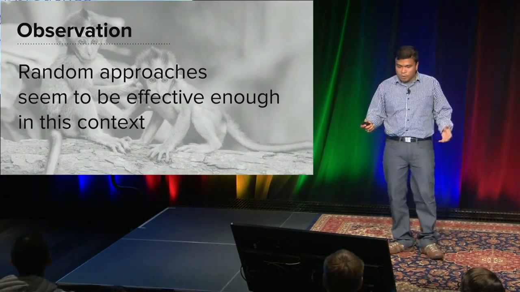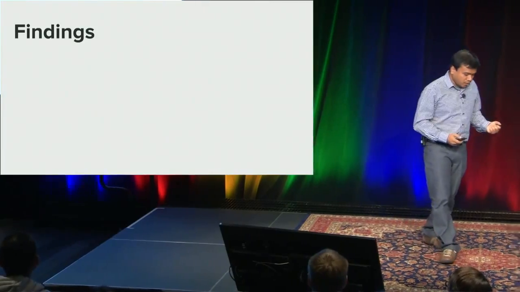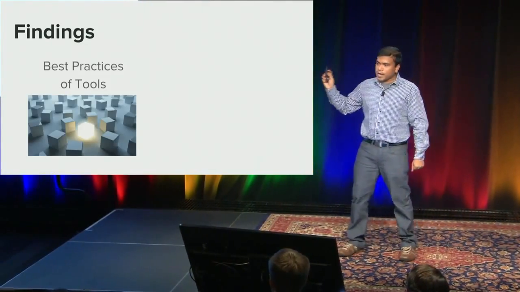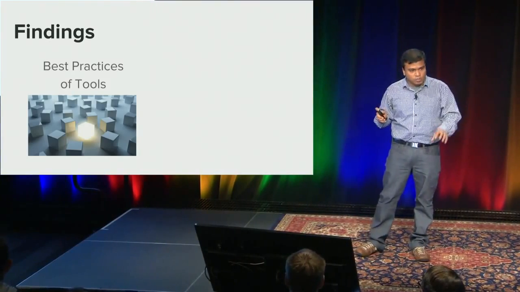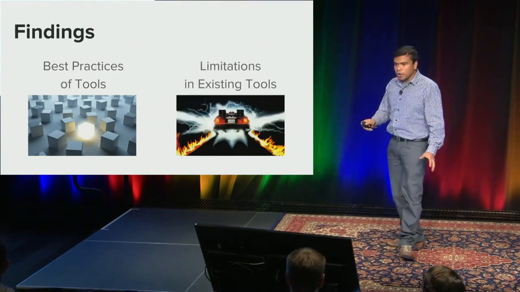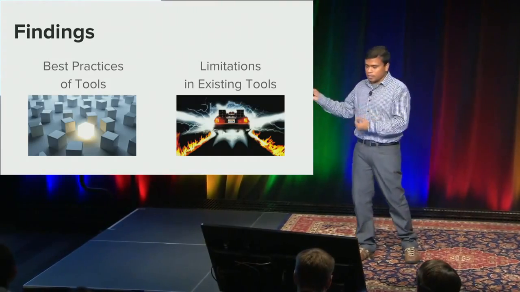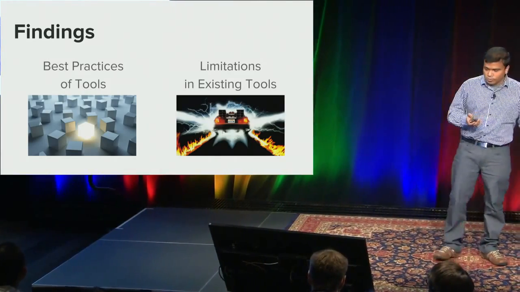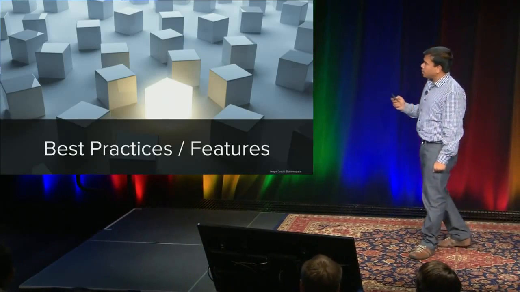Let me now present our findings, which I'll split into two different categories. The first is best practices that we saw in some tools which made them stand out, and the second is limitations that we saw, where none of the tools implemented these practices. So let's talk about best practices.